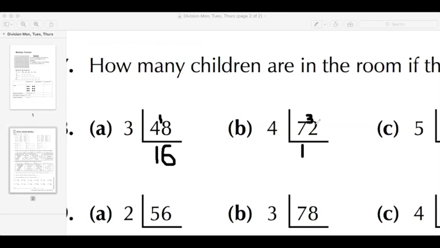So I'll go 4, 8, 12, 16, 20, 24, 28, 32. Okay, so after 8 counts, I've landed on 32. So my answer is 18. And you're going to do the same for all the rest of these, and you can use my example to help you out.